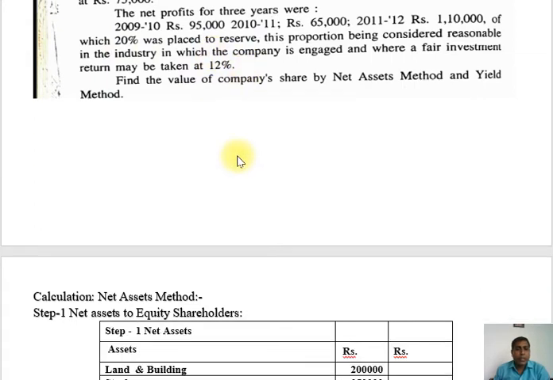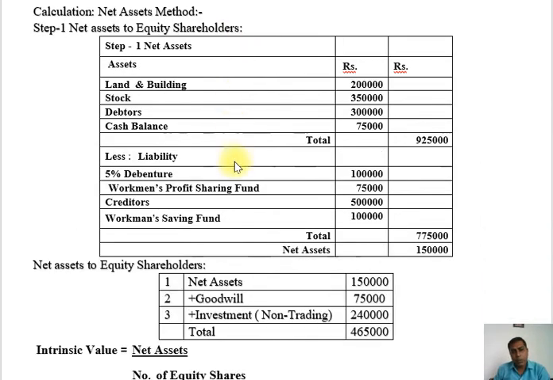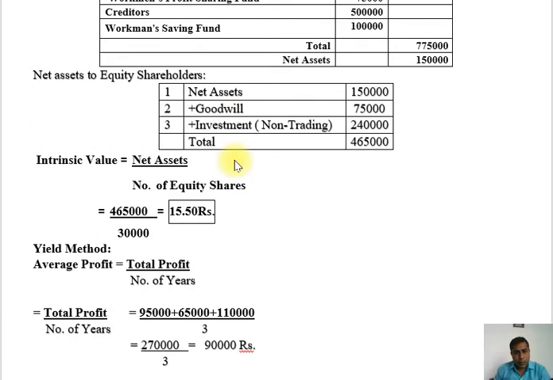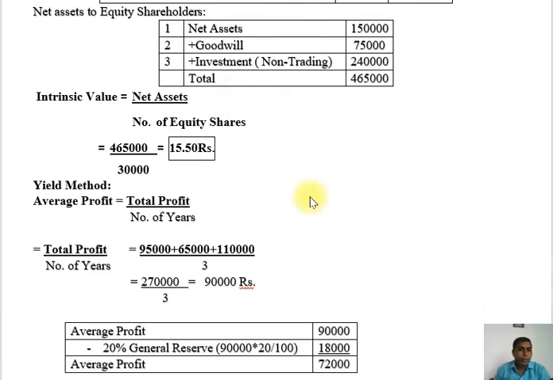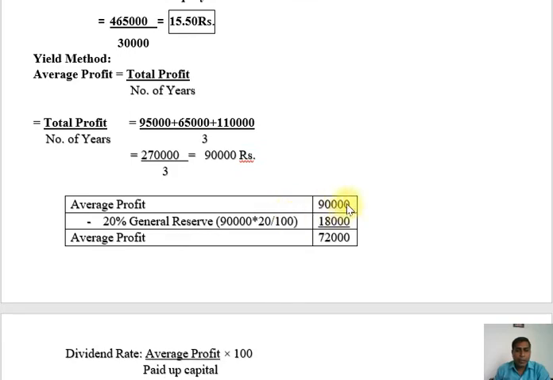So in this example we also transfer some amount to general reserve account. So friends, our average profit is 90,000 and 20% is general reserve. So 90,000 multiplied 20 upon 100, that is 18,000 rupees. So now our average profit is 72,000.